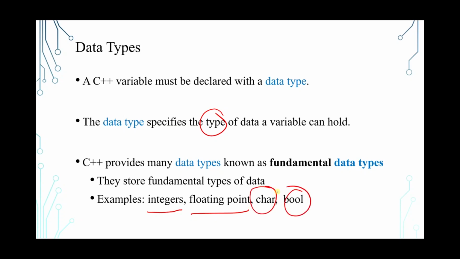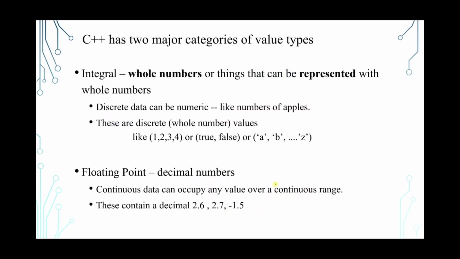Remember boolean for false or true, the result of a boolean expression. The data types are also known as fundamental data types because they store fundamental types of data. C++ has two major categories of value types: integral types and floating point types.